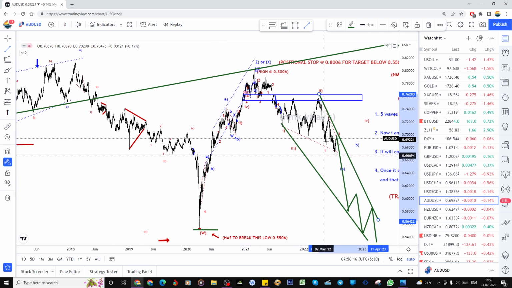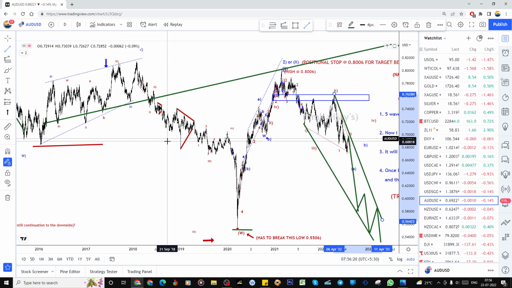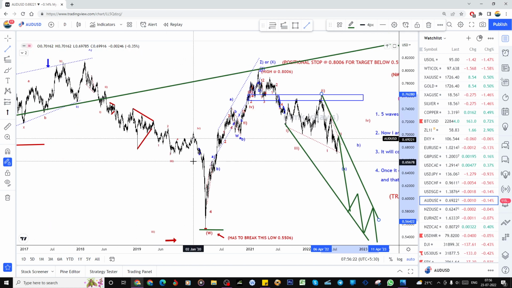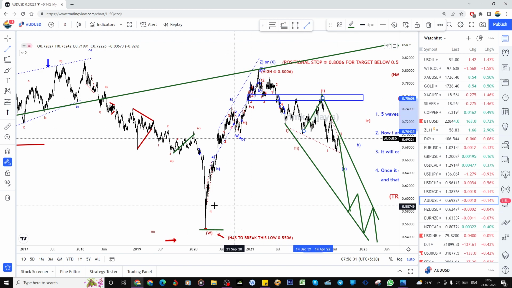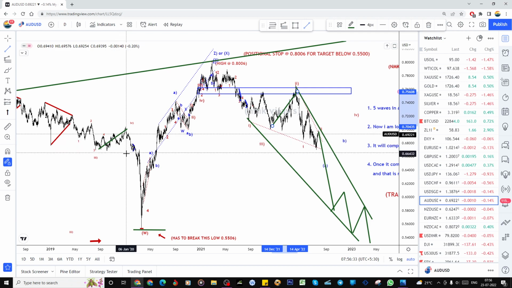So why are we expecting something like this? It's already proven here. Look at this. Once this got right here, what happens? 1, 2, 3, 4, 5.